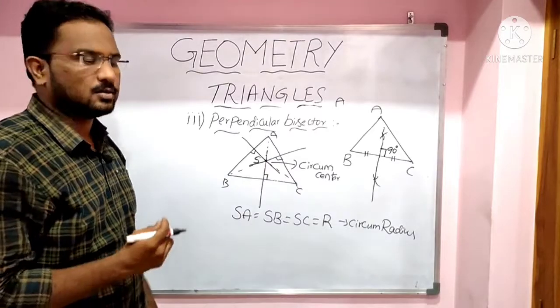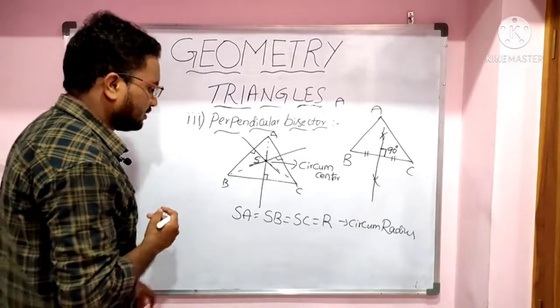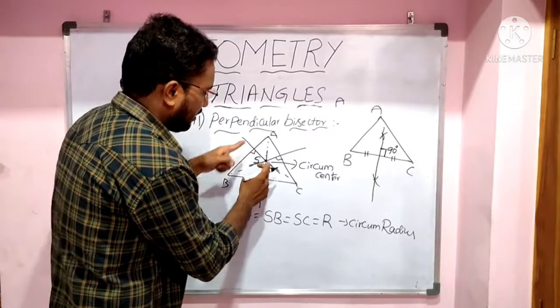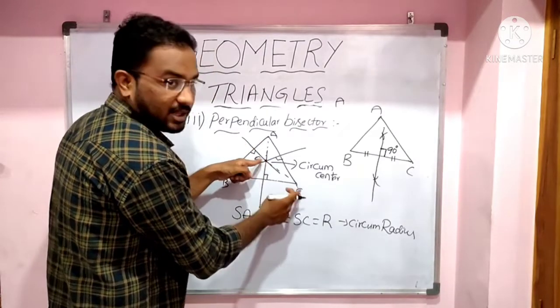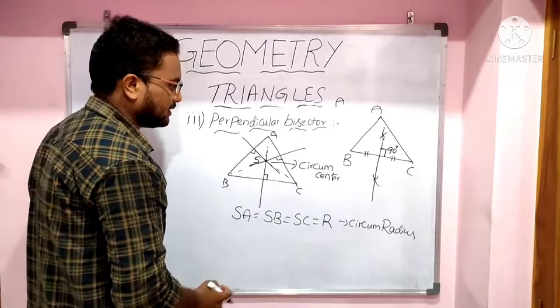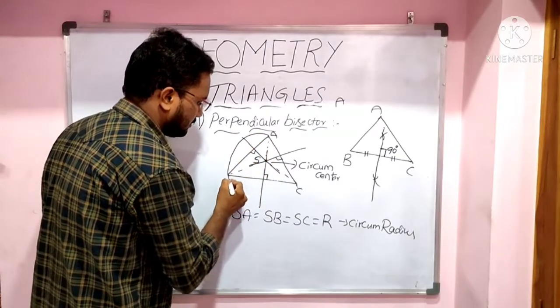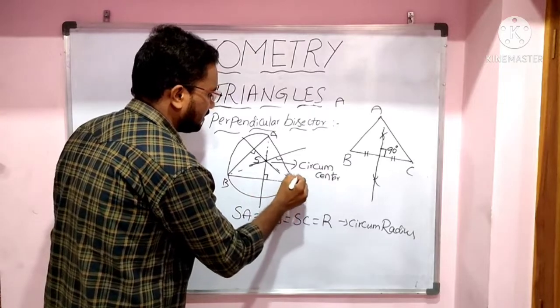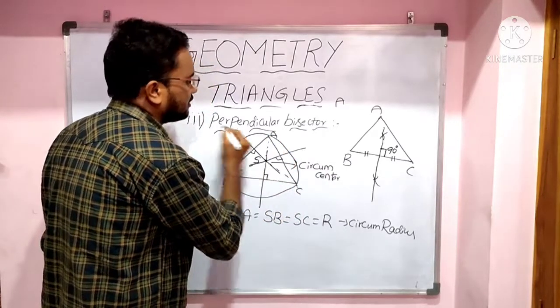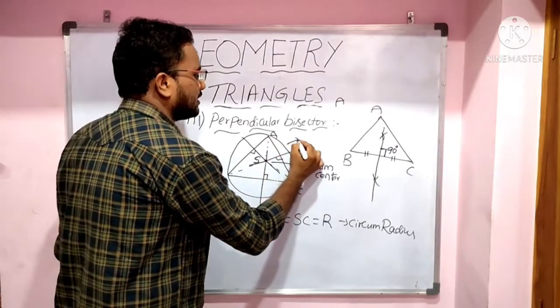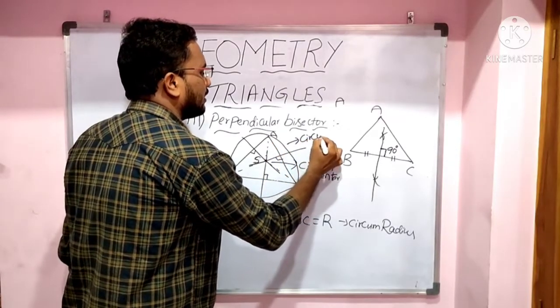Okay, so here if we draw a circle by taking SA or SB or SC as radius, it is also called circumradius, then the circle is like this. It touches all the vertices of the triangle. So this circle we will call it as circumcircle.